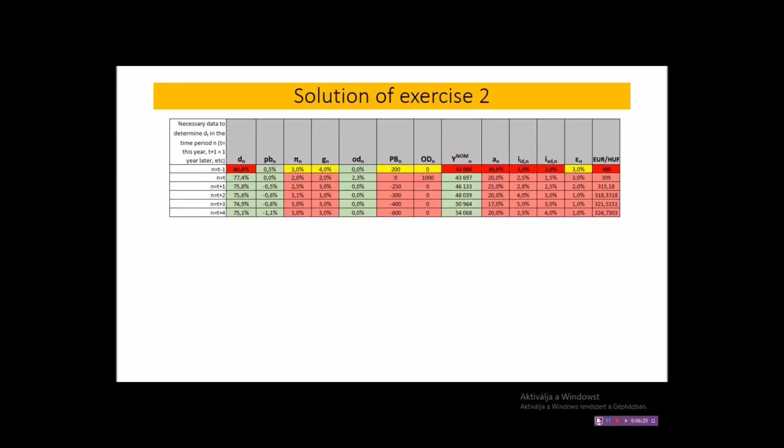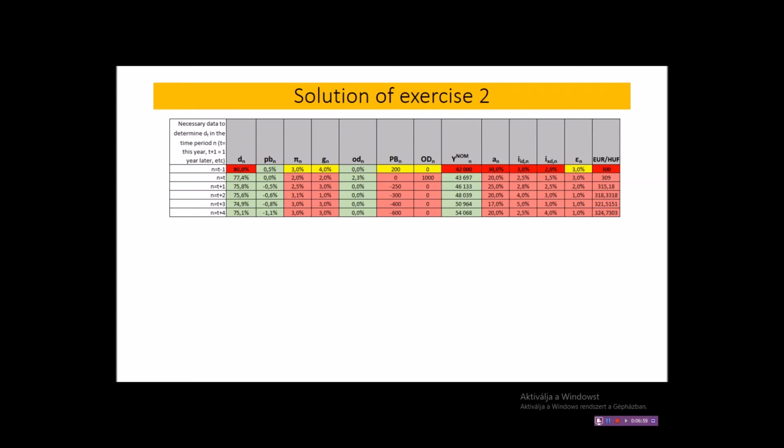This is d t minus 1, which is 0.8. 20% was the rate of the debt in foreign currency, that is a t minus 1, which is 0.2. Average interest rate of the debt in national currency was last year, this is i_d t minus 1, and the interest rate of the debt in foreign currency is i_xd t minus 1, which is 1.5%.